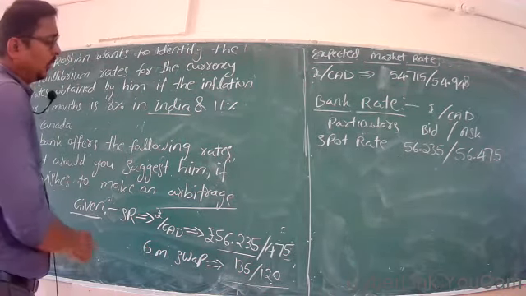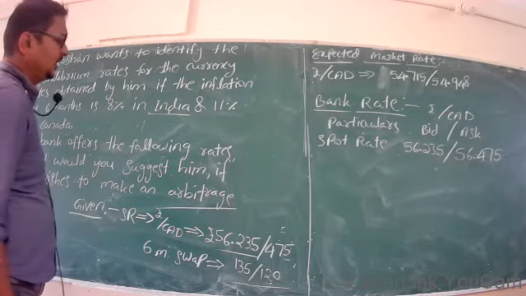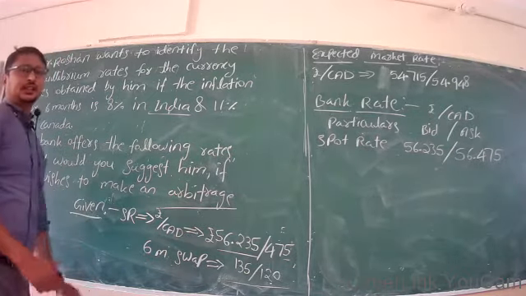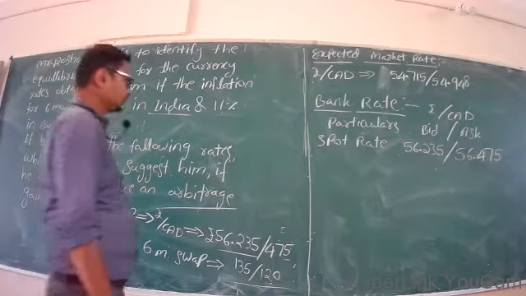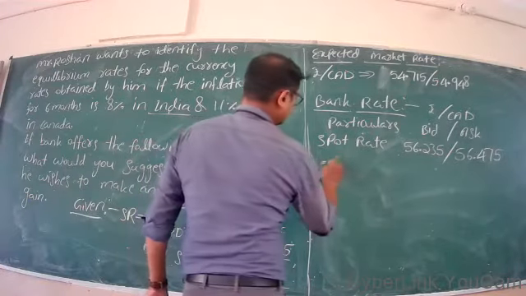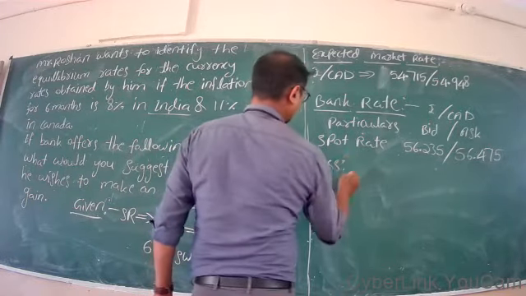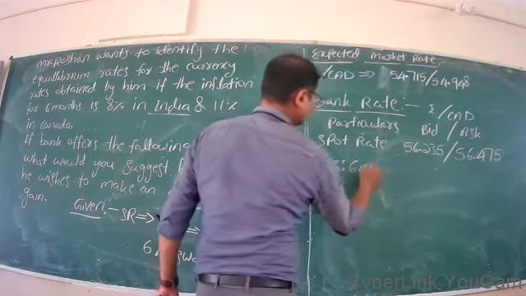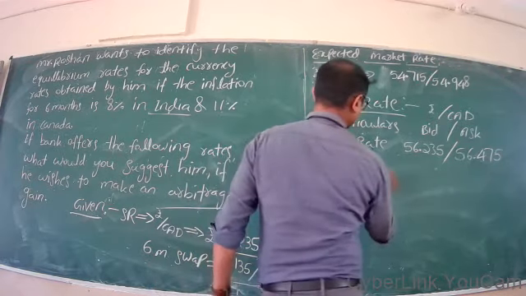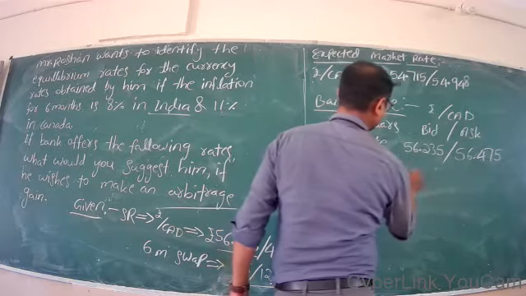Reading from left to right, it is in decreasing order. Since it is in decreasing order, we have to deduct the 6 month swap points from the spot rate.